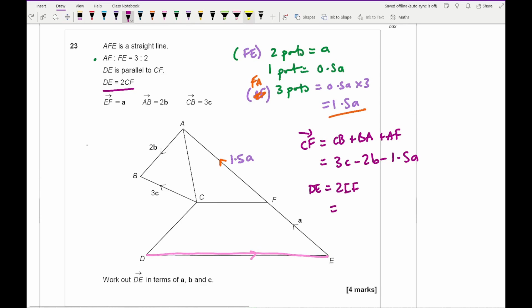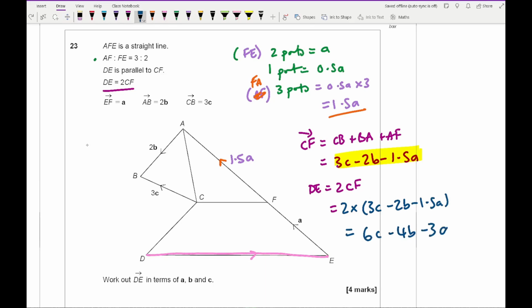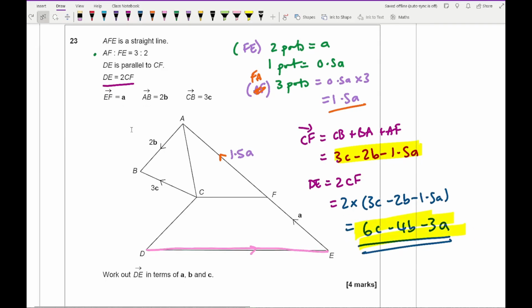So if we multiply all of this by 2, we'll get our final answer. So it's going to be 2 lots of 3c minus 2b minus 1.5a, and that's going to be 6c minus 4b minus 3a, and there is my final answer for that one.